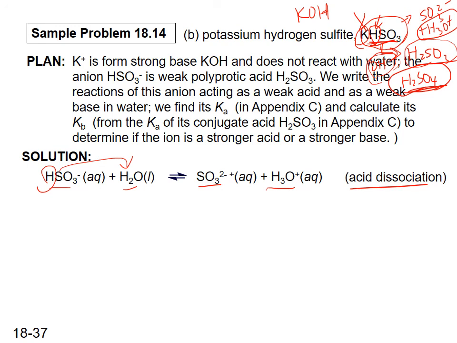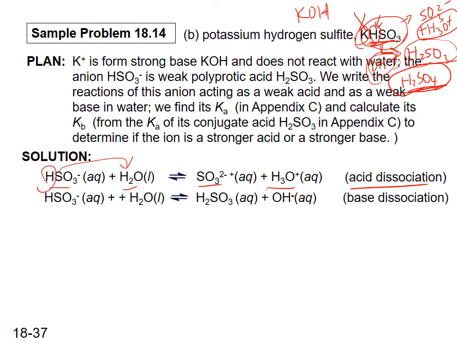This anion also hydrolyzes back to the sulfurous acid, by extracting one hydrogen from water and giving you hydroxide, and that is a base dissociation reaction. So this anion is quite special. It can do both.